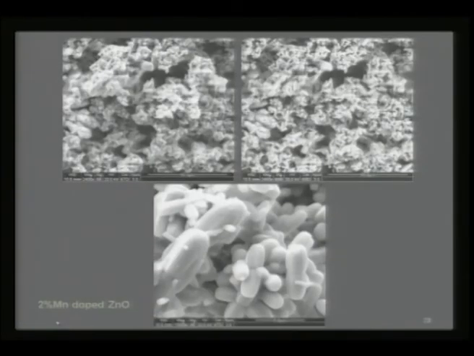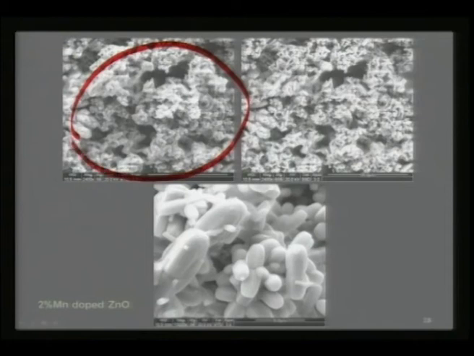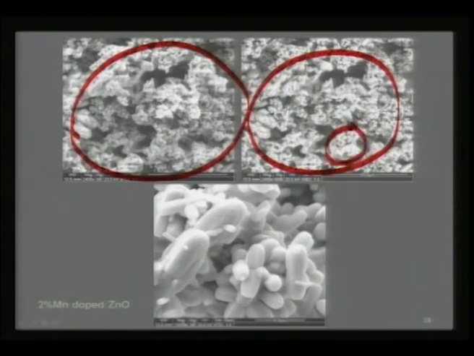Now if you look at the SEM features also, you can clearly see that 2% and 4% manganese are clearly substituted in zinc oxide. For example, you take a macroscopic view of this 50 micron region, and this is another view graph of a 50 micron region. If you try to blow up any sort of regions, you can see these are all nanopods of zinc oxide.